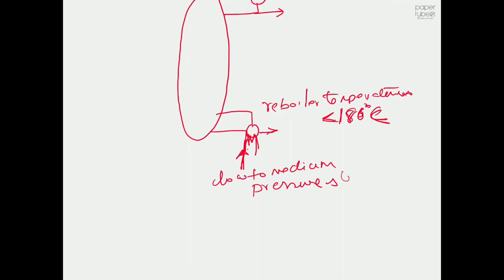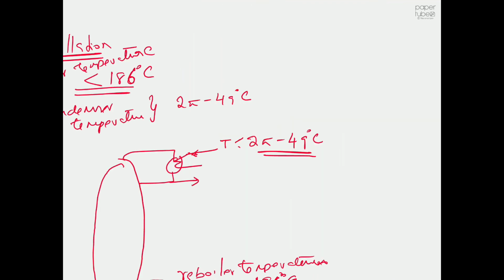So that's the main reason. That's why it makes the process a bit cheaper. And then in order to maintain 25 to 49 degrees centigrade, we will cool the fluid using some cold fluid.